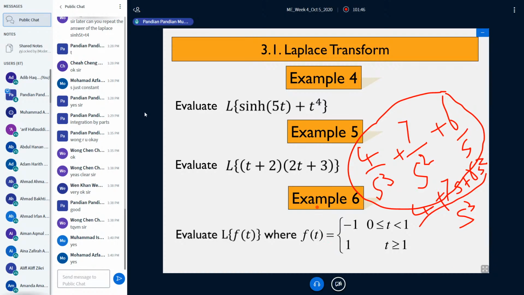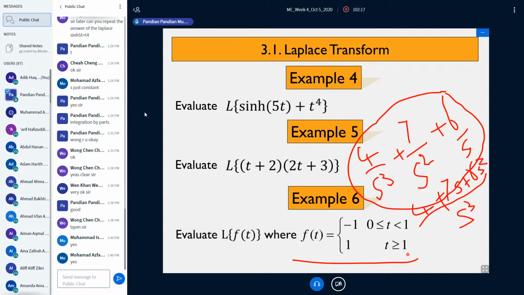And now example 6, this is very strange. Evaluate Laplace of f(t), whereby f(t) is minus 1 from 0 to 1, and then f(t) equals 1 from t greater than 1 up to infinity.